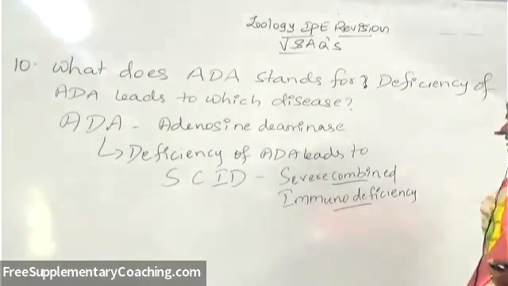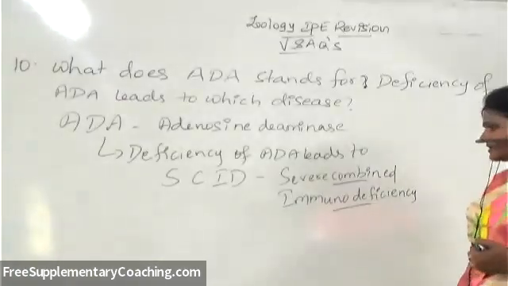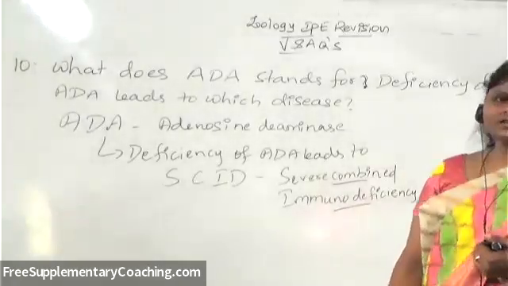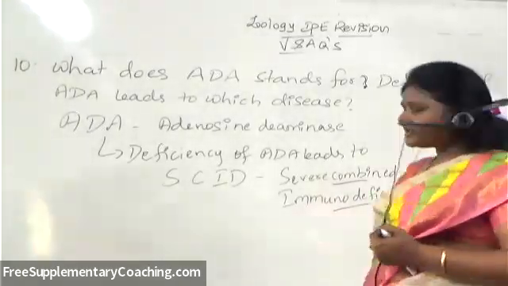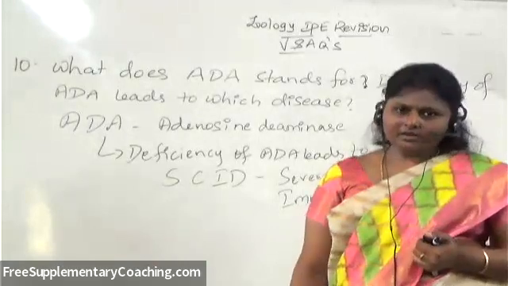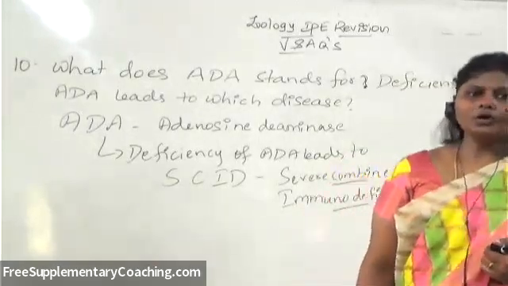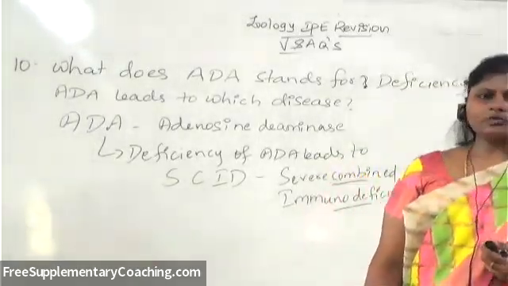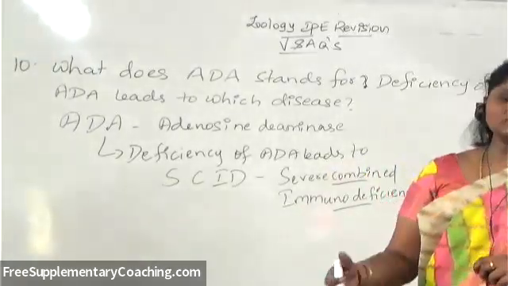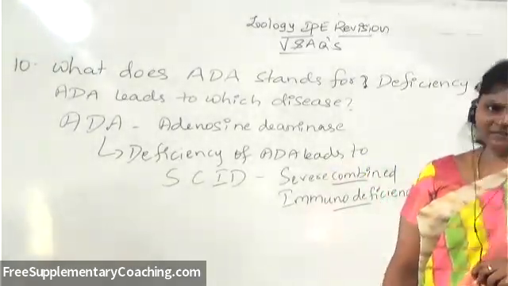ADA is adenosine deaminase, and the deficiency of this ADA results in what? SCID, that is severe combined immunodeficiency. So what happens? The lymphocytes will not undergo maturation and differentiation.